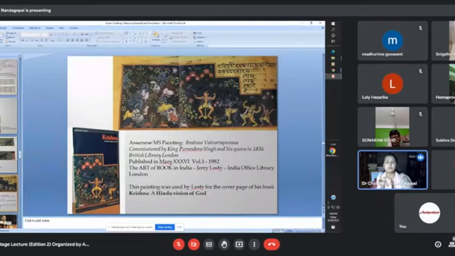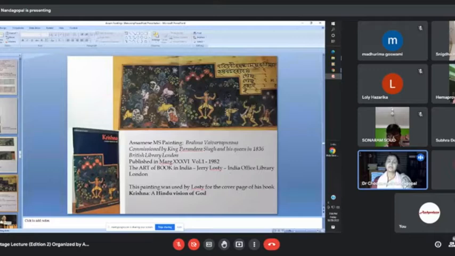The person who published this and wrote a small note on it was Jerry Losty, a great lover of India and Indian painting, and he used the cover page of this painting in one of his books, Krishna: A Hindu Vision of God.